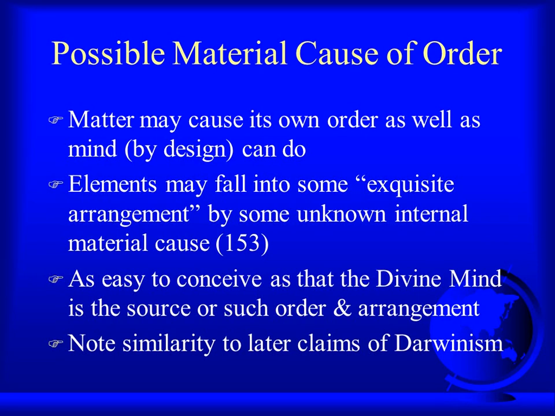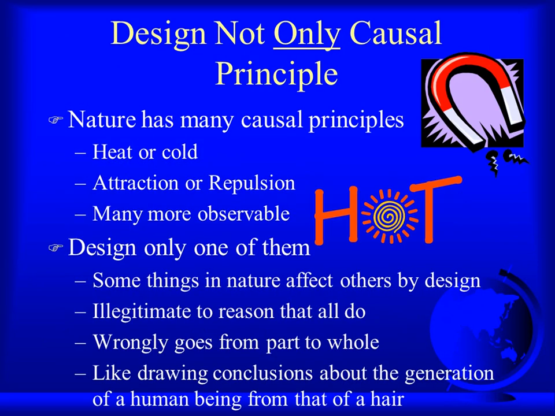Now here again, you've got Hume as a non-scientist, but he just speculates. It's not that he knows, but he says, well, look, nature has a lot of forces, causal principles, things like heat and cold, attraction and repulsion and magnetism, and others. And he says design is only one of them.